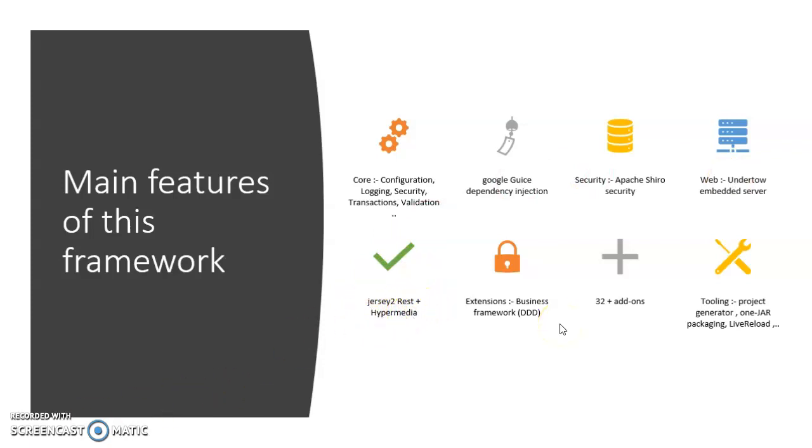Now to support the REST API, it uses Jersey 2 REST plus Hypermedia. Then there is an important feature: extensions to business frameworks like domain-driven design. When we work with domain-driven design, we need to create different patterns. For example, for modeling we need to create entities, value objects, aggregates and specifications. For behavior, we need to create services, repositories, policies and events.